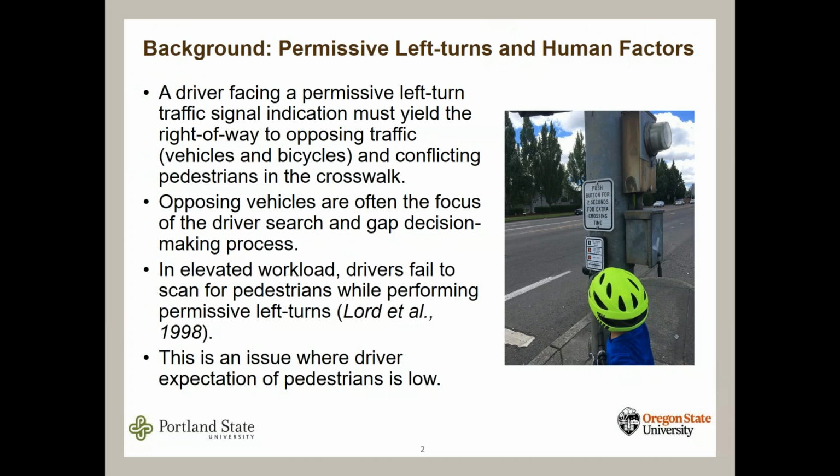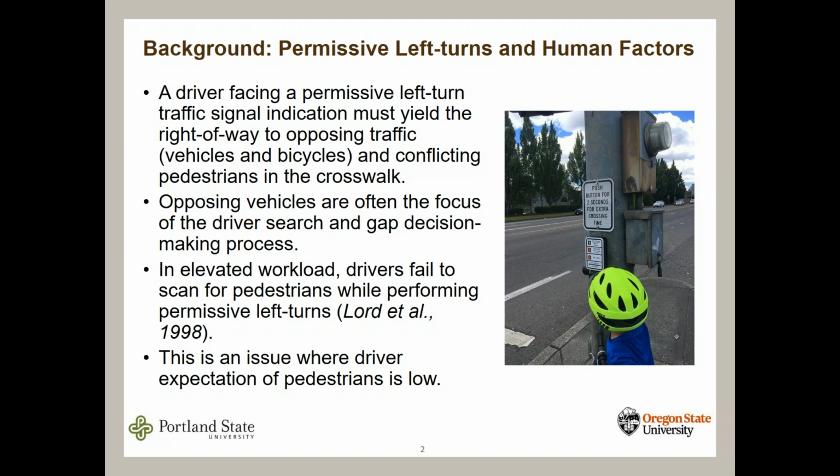Okay, so the background for this crash type is that a driver trying to make a permissive left turn, and we're going to be focusing on a driver making a permissive left turn from a separate left turn bay, needs to find gaps in the opposing traffic, both vehicles and bicycles and pedestrians in the crosswalk.